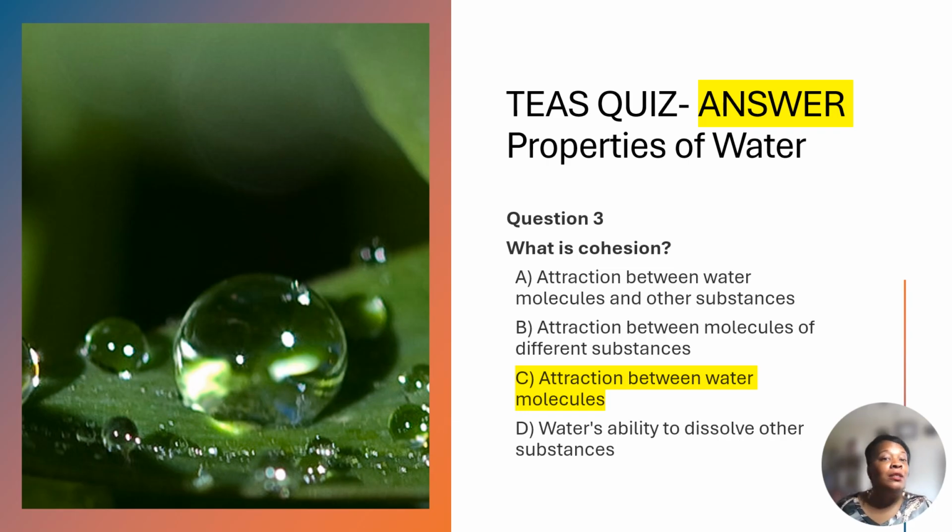Water's ability to dissolve other substances, letter D, describes the solvent properties of water, not cohesion. So again, letter C, attraction between water molecules, is the answer, because attraction between water molecules simply means cohesion due to hydrogen bonding.